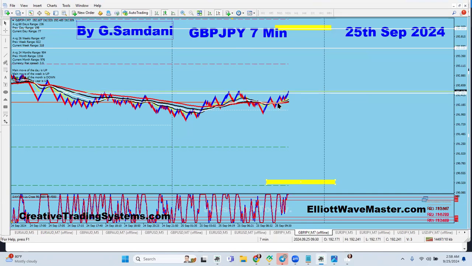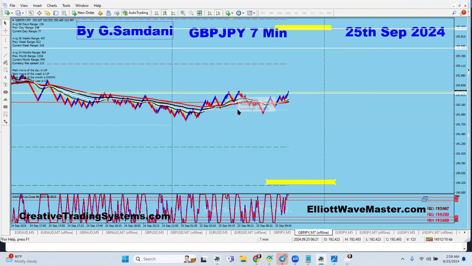Let's say I get the entry here. Now measure these two vertical black dotted lines. This is one day, the 25th September, starting from here, ending here. So far we are here. This is the low of the day so far, and this is the high of the day so far, which we are about to break.